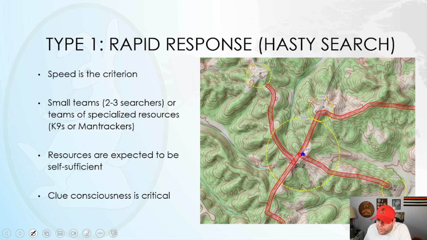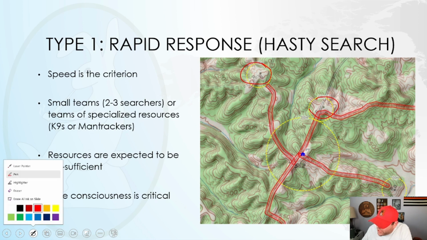Following known or suspected routes, running trails, checking perimeters, doing some sign cutting if you have man trackers available to you, checking attractions, which is what we have represented here in the smaller circles. These are structures that are on our maps. These are potential points of interest that we may want to send teams to go check out.